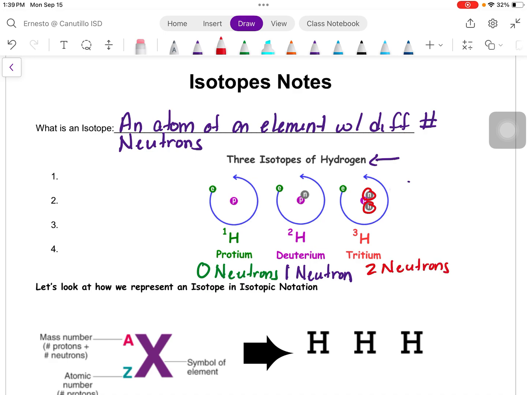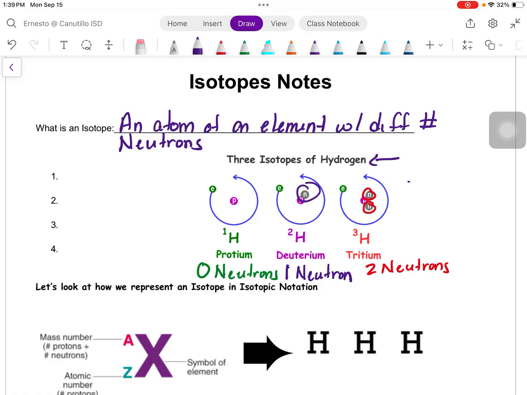So what's consistent across all three isotopes is that the number of protons doesn't change, the number of electrons doesn't change, but what is changing is the number of neutrons.